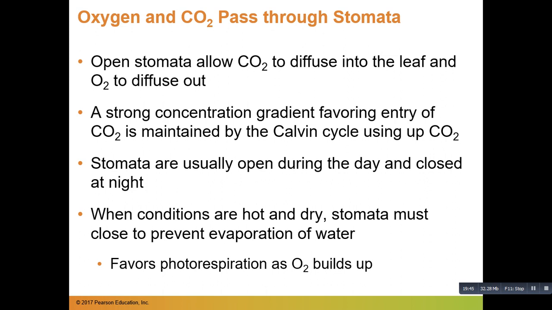These are usually open during the day and closed at night because this is when photosynthesis is happening. They need that CO2 during the day. However, when conditions are really hot and dry, plants adapt to that by closing their stomata. This prevents evaporation of water.